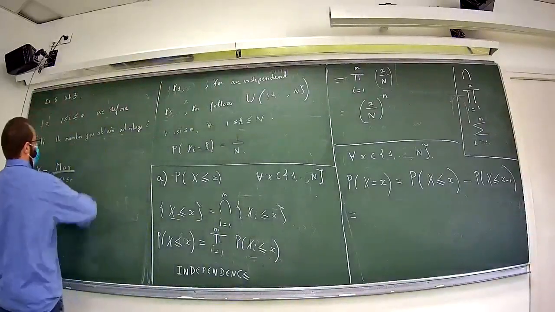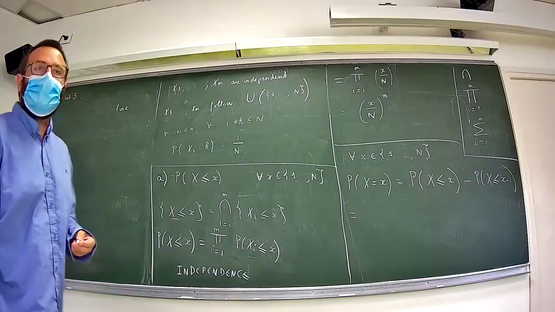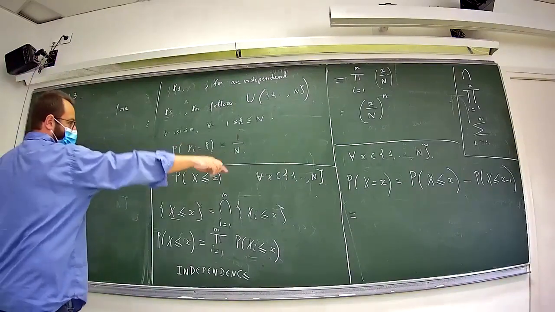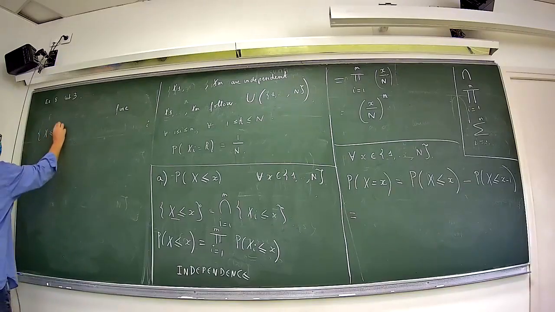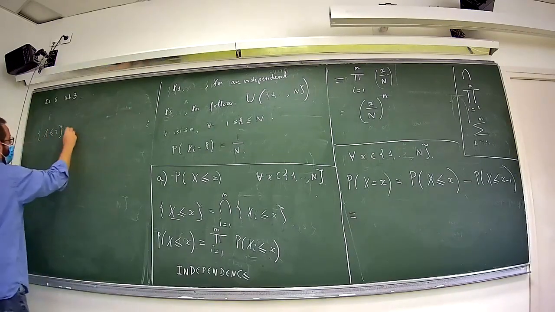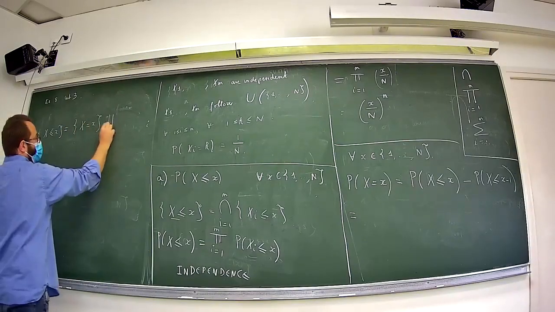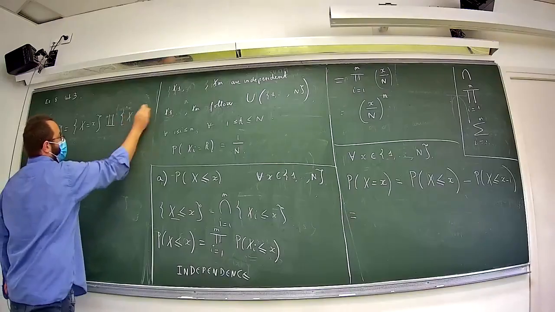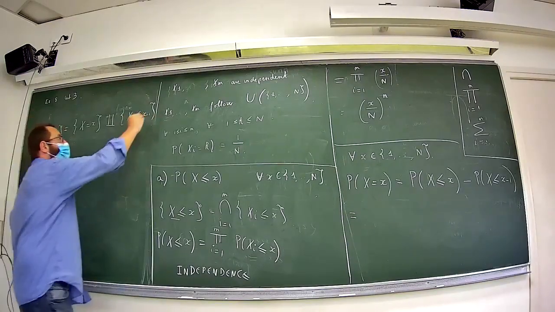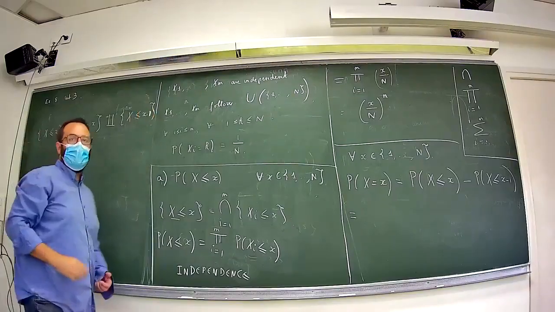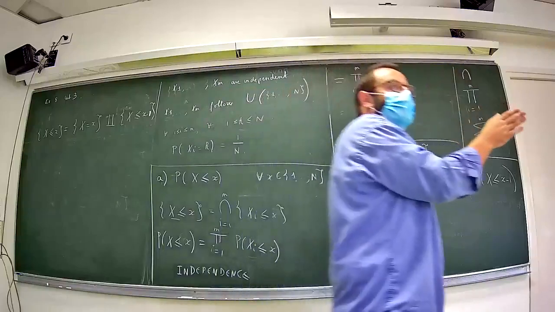Because, I erase this one, the formula in blue in the slides, if I adapt it to my problem here, just says that X less than or equal to small x is X equal to small x, disjoint union with X less than or equal to x minus 1. Because my set of possible values is just 1, 2, 3, ..., x minus 1, x, and so on.